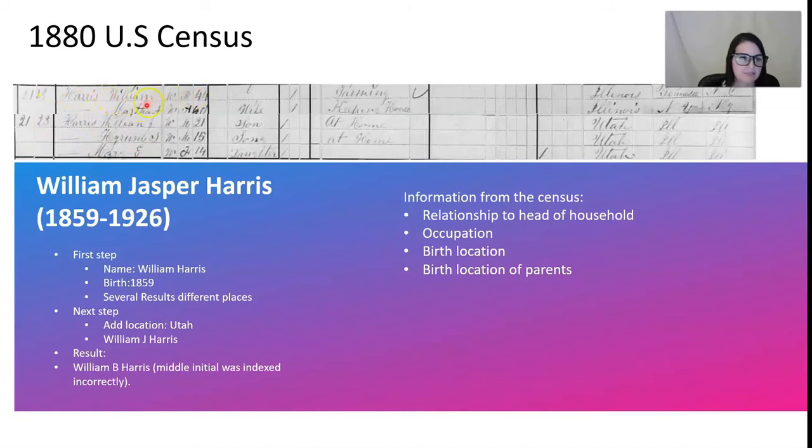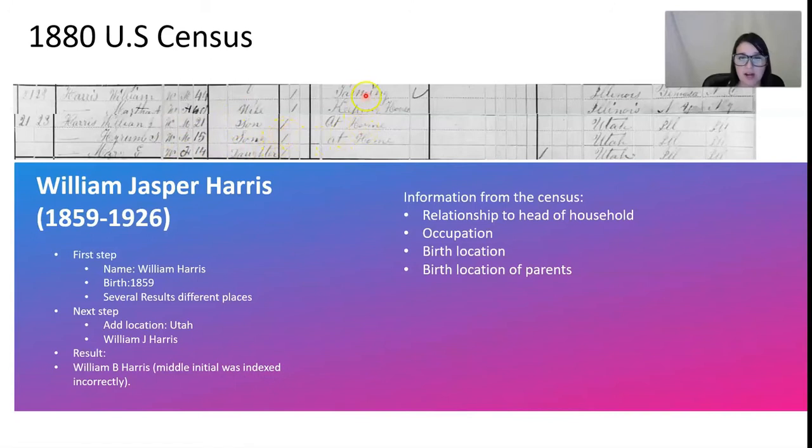The reason he was on the next page of the census. So the information that I'm going to gather from the census, like I said before, is the relationship. So the relationship is finally mentioned. So Martha's the wife, William's the son, Hiram's the son, and then Mary's the daughter.